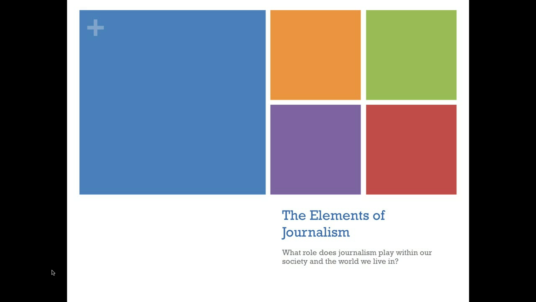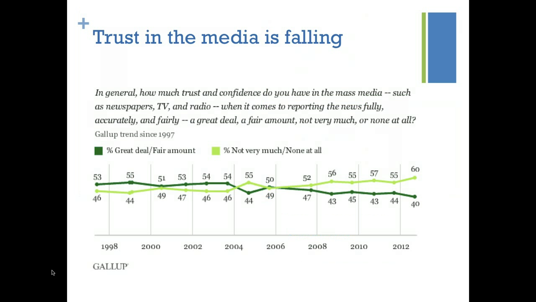So let's take a look at a couple things today. First off, understanding the elements of journalism is really important because a lot of people don't understand exactly how journalism works and what role it plays in our society. And because of that, as we can see in this slide right here, the confidence level in the American media by consumers in the United States has fallen quite a bit over the last, roughly about 15 years or so, since 1998.